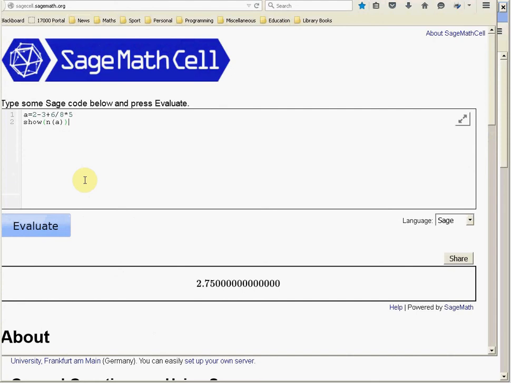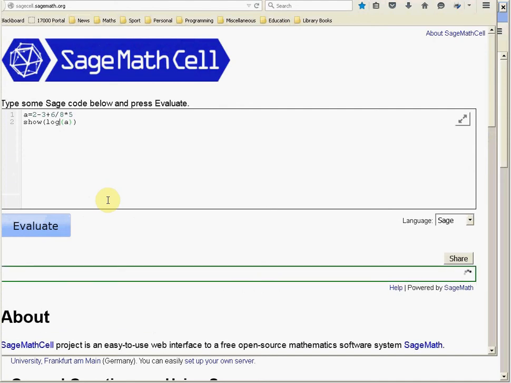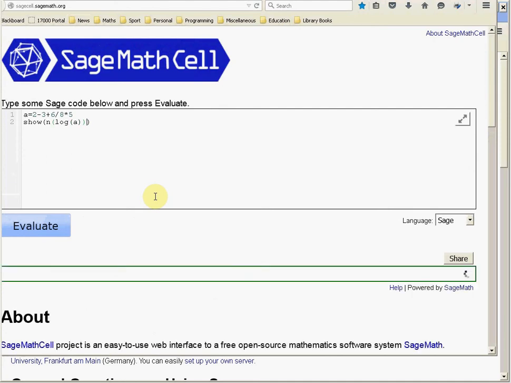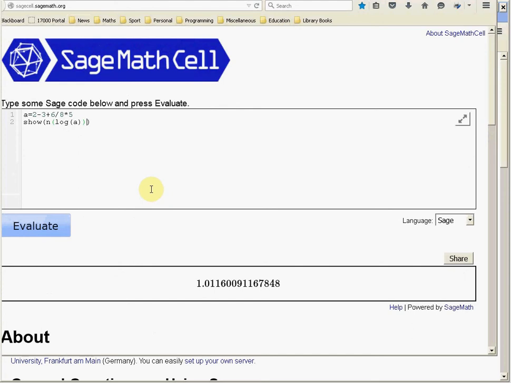And Sage knows lots of other functions, and you'll get to know them after a while as you need them. For example, on your calculator you might see a log function, and here it is. Just type log 11 on 4. Now that's exact. If I'd wanted the numerical approximation of that, I go n log a, and there's my answer.